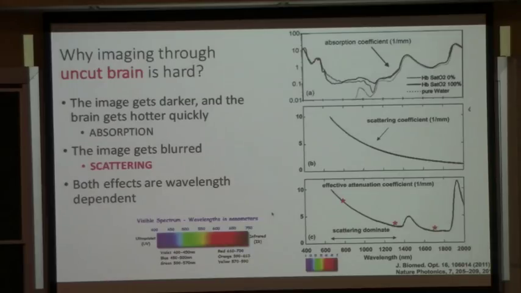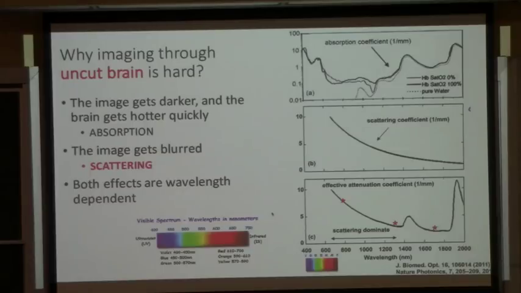So first, why is our brain so hard to use optical imaging on? We know that when light goes into the brain, it will be absorbed by the tissues very quickly, so it will decay very quickly. It is really hard for it to go through the brain. It's not transparent, so you cannot see the deep part of your brain with optical imaging.